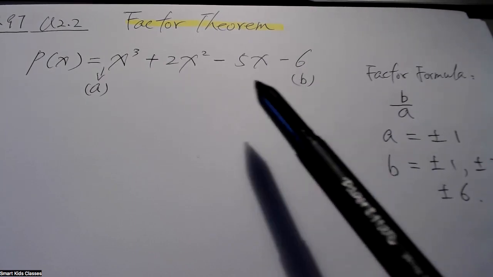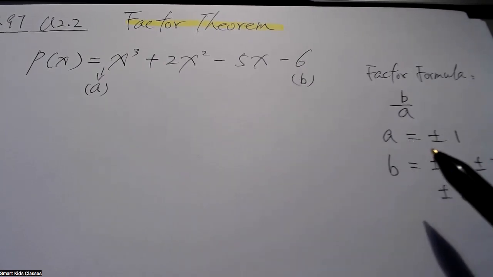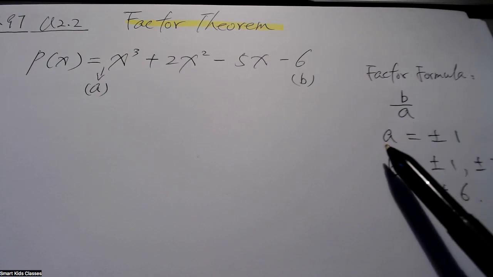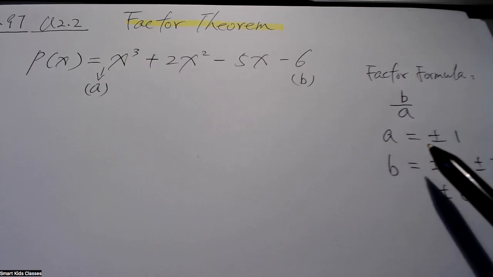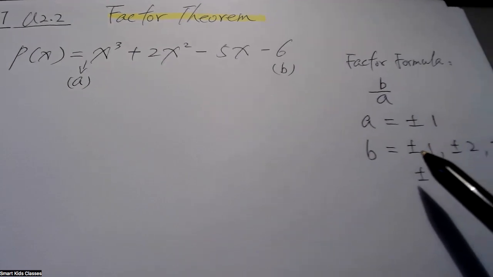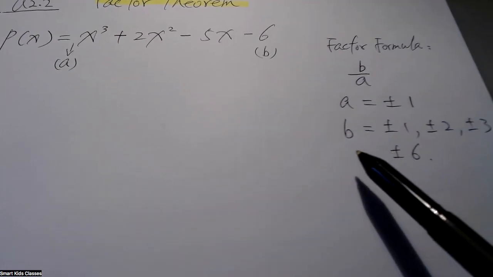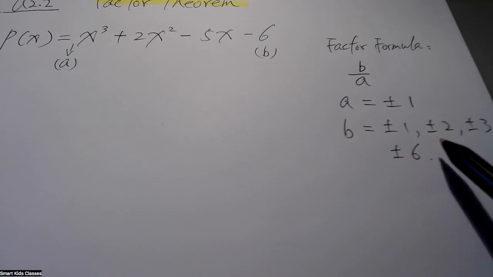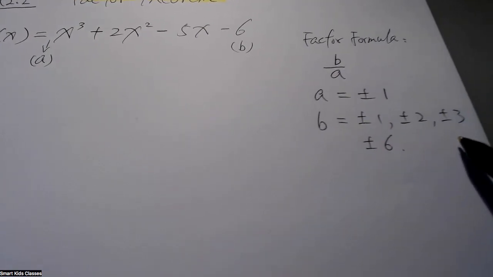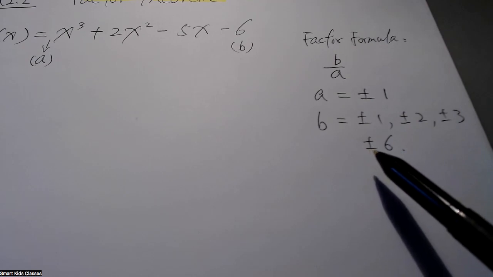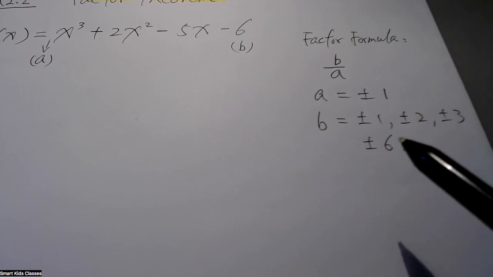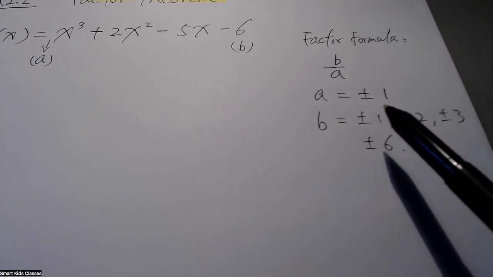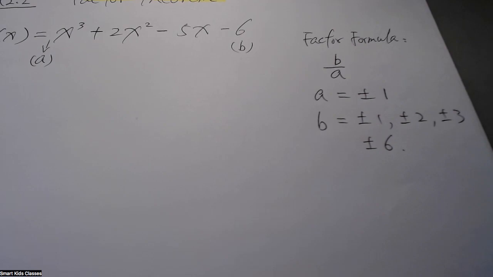The last number is B, the front number is A. We find all the factors of A: A is 1, so positive and negative 1. And we find all the factors of B: positive and negative 1, positive and negative 2, positive and negative 3, and positive and negative 6. But usually we only need to try the front two, in general.